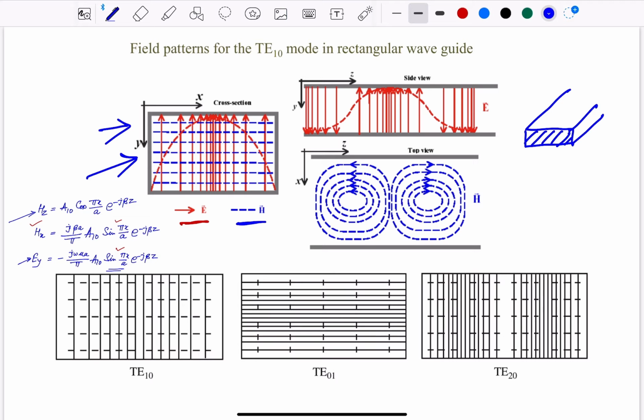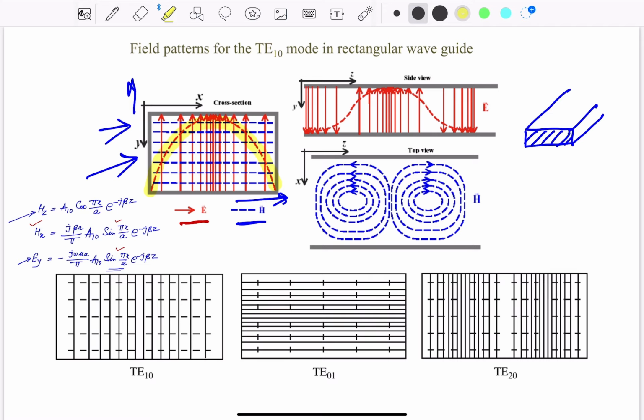If you see in the y direction, this is x and this is y, correct? Changing the position along y and plotting the Ey component here, you will experience a field variation like a sine.